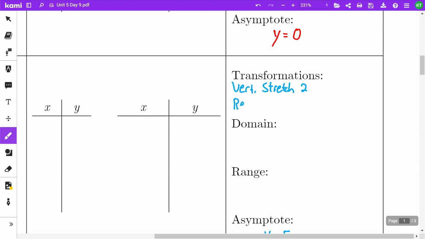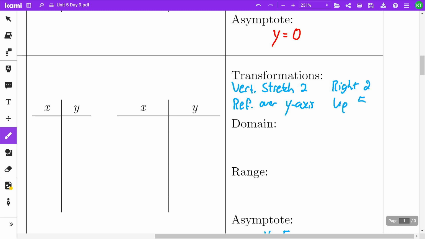I have my reflection over my y-axis. And then I'm going to the right, I'm actually not going to the right 2. I'm going to the right 5. And then up 5.